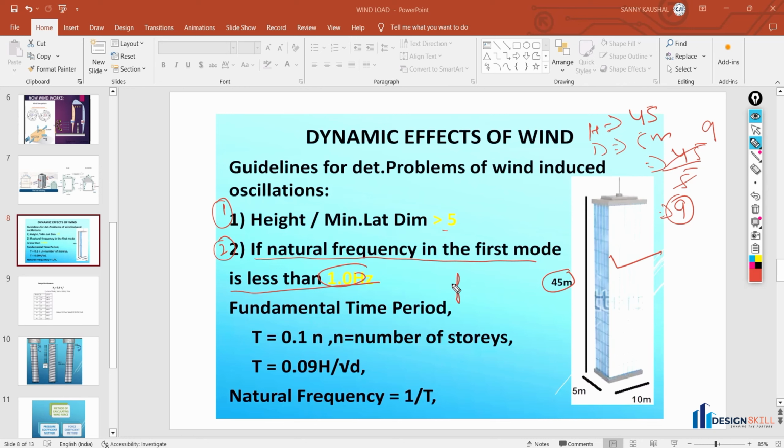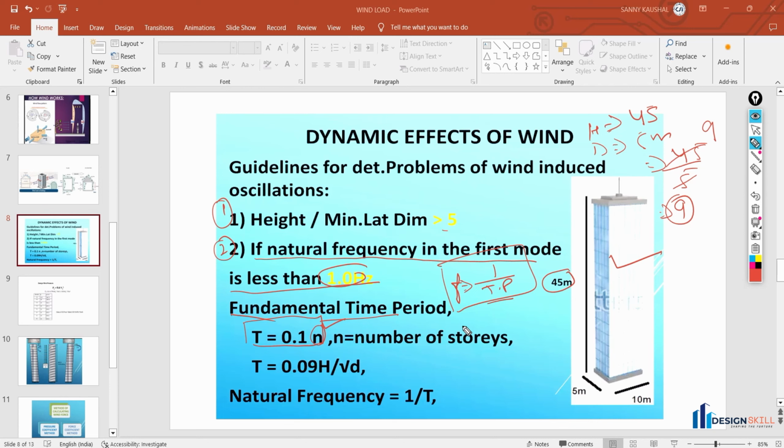I will denote frequency by f, and I have to divide 1 by the time period. So first I require the time period to be calculated, and the fundamental time period is calculated by T equal to 0.1 multiplied by N, where N is the number of floors. This is just an approximate formula to calculate time period. You can use this formula.